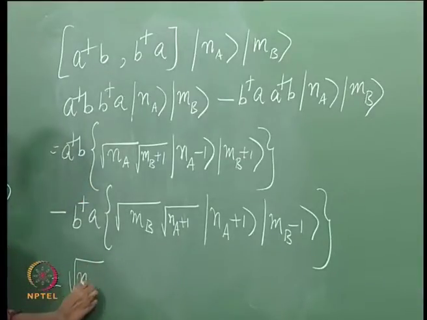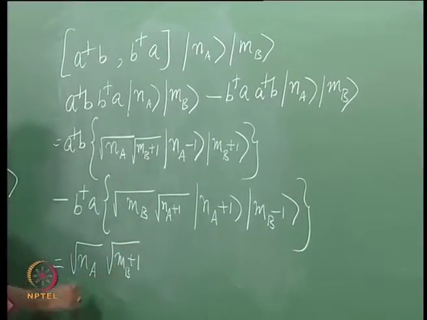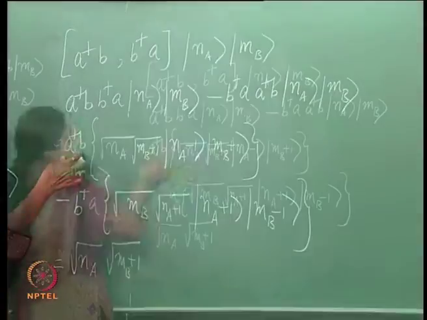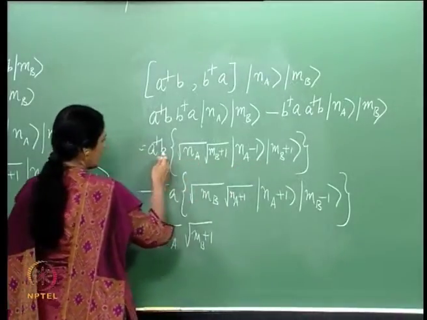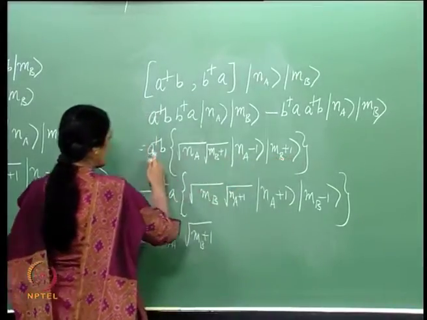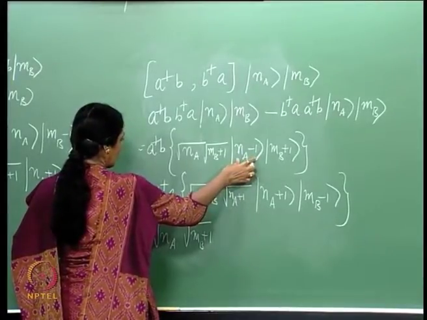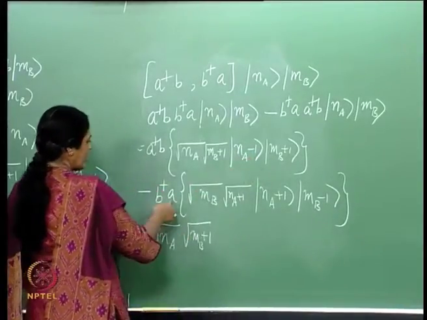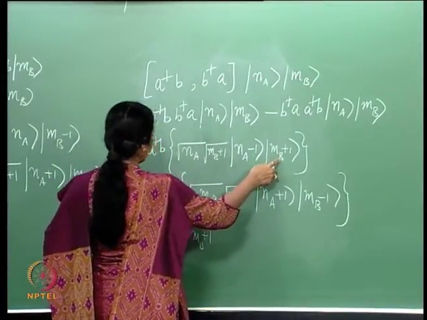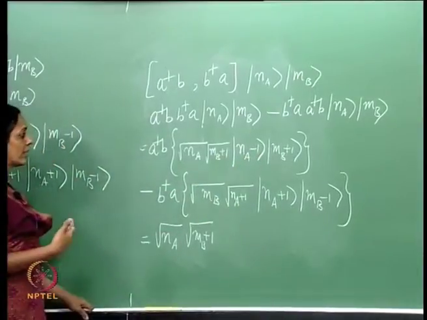I have in the first term the numbers root Na, root Mb plus 1, which I can pull out, and then A dagger B acts on these states. So, B acting on Mb plus 1 and A dagger acting on Na minus 1. That is what I have here. B would simply give me an Mb, and A dagger acting on Na minus 1 would take it to Na.